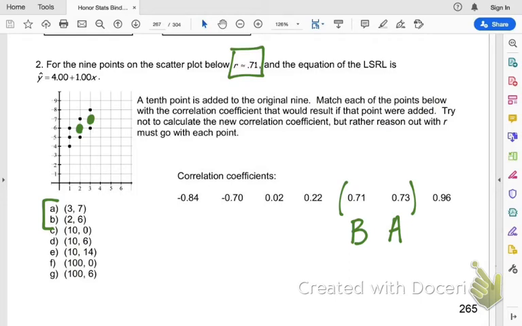The next 3, if we plotted those, would be at 10, 0. So let's say here, 10, 6. Here, and then 10, 14 here.